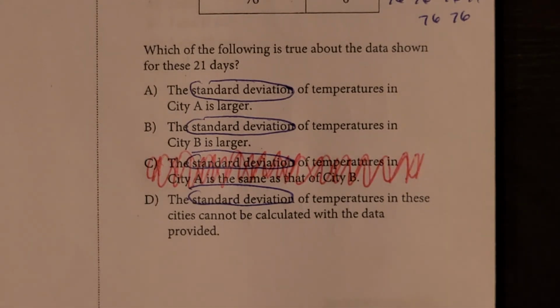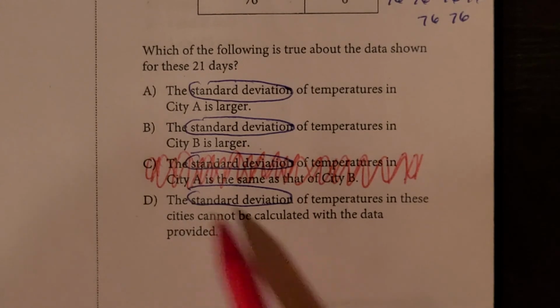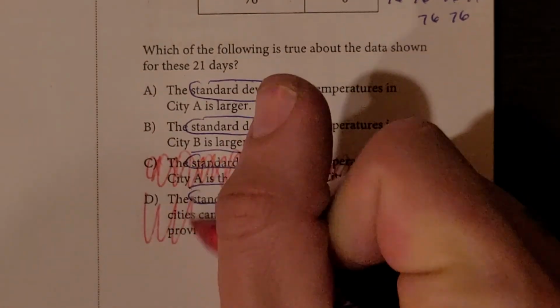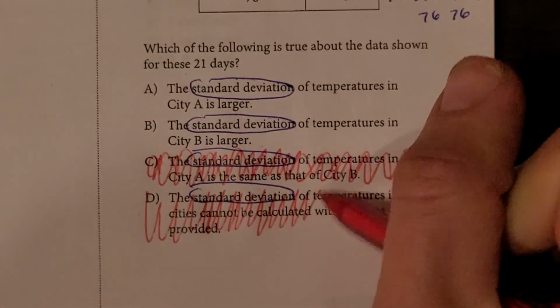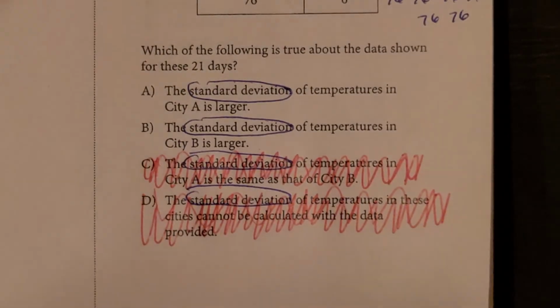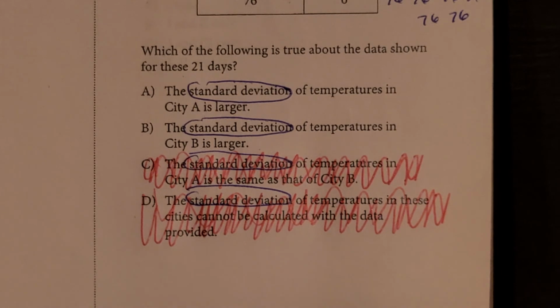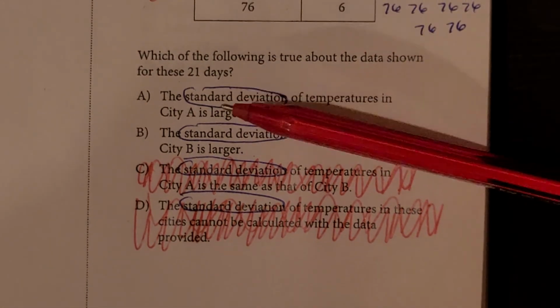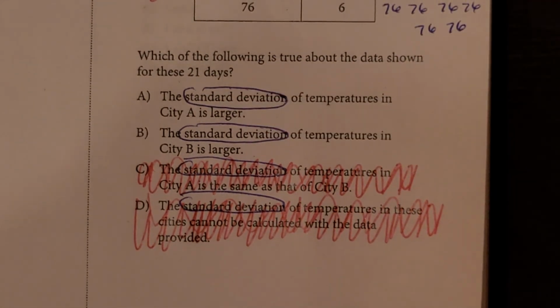But other than that, no. Also, I have all of my numbers here, so I have everything I need to calculate standard deviation, so those two tend to be trick answers. Saying, oh, they're the same, or you can't calculate it. Usually, if you're looking at two different data sets, one is higher than the other.